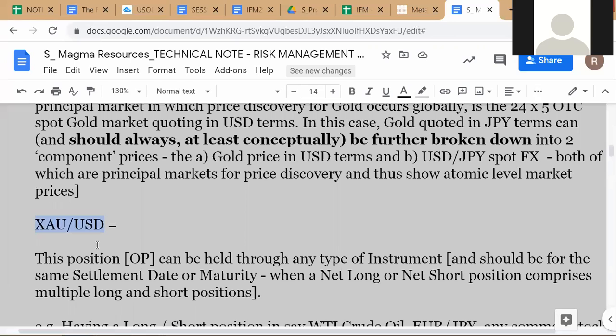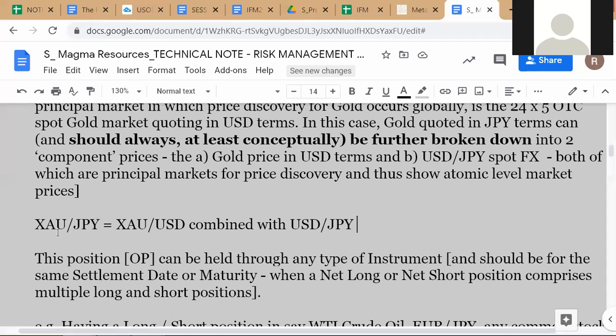We are discussing an example where XAU JPY is equal to XAU USD combined with USD JPY. This XAU JPY price is the number of units of JPY required to buy 1 unit of XAU, so it is JPY numerator divided by XAU denominator.